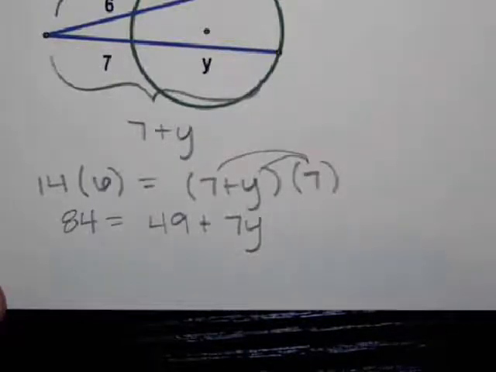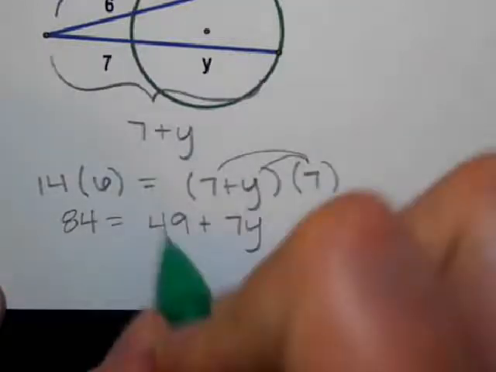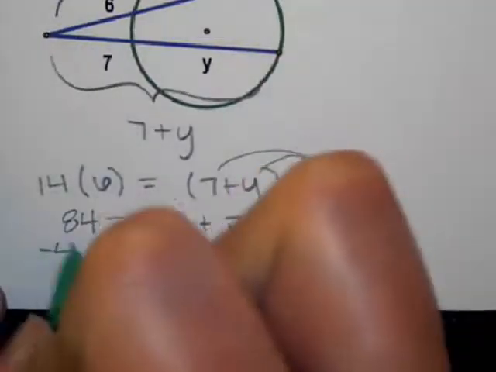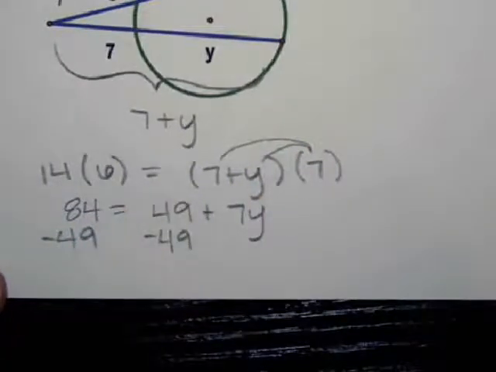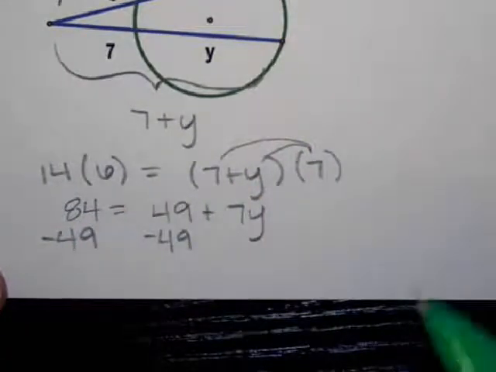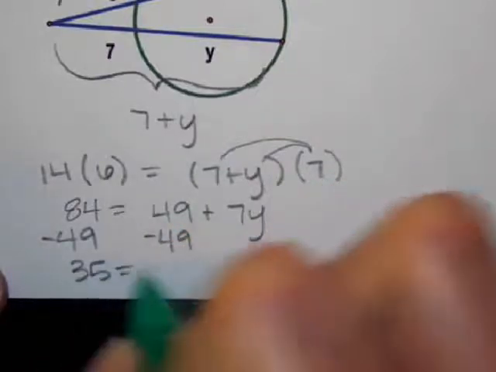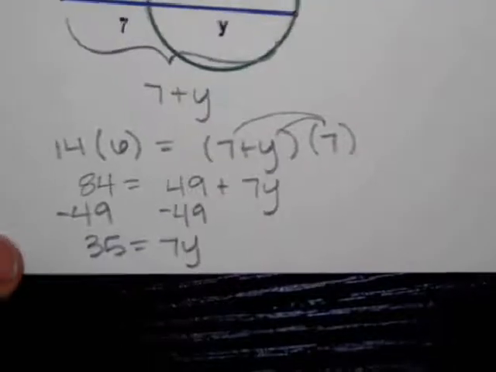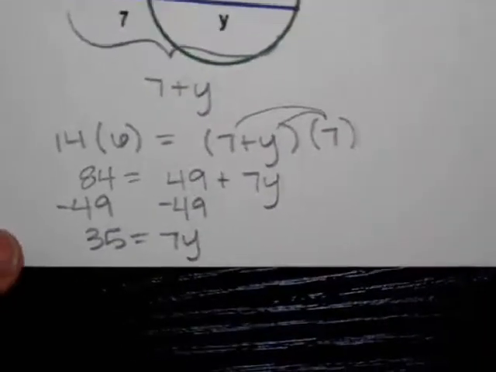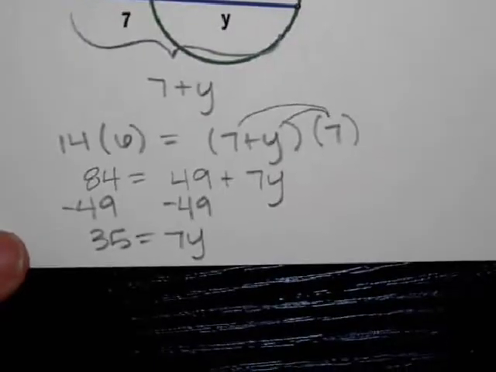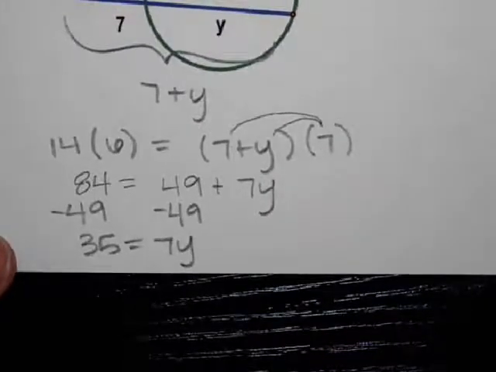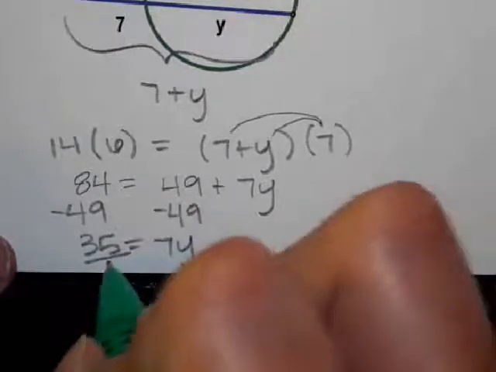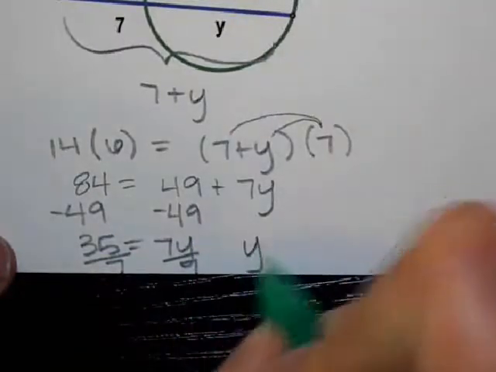And then what should we do? Subtract the 49. So it's 35 equals 7y. What should I do? Divide by 7. Y equals 5.